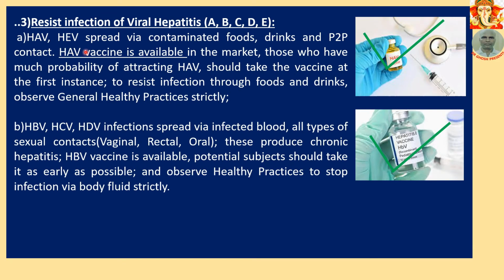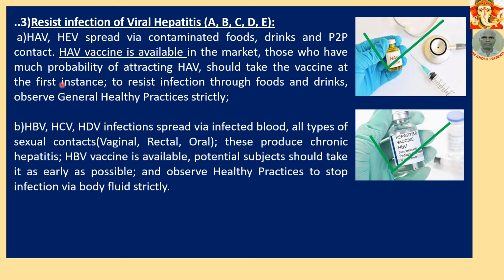Number three, resist infection of viral hepatitis A, B, C, D, E. There are 5 types of hepatitis. Hepatitis spreads via contaminated food. That is hepatitis A and E, and B. These are spread through contaminated food, drinks, and person-to-person contact. Hepatitis vaccine is available in the market.